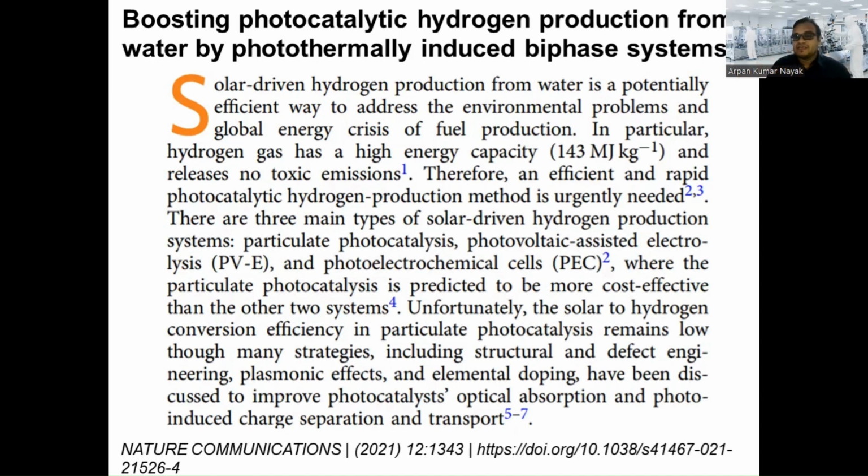Now they will find out how their system is better than them, and only then can they find the research gap. So then they will put the research gap. You can see, unfortunately, the solar to hydrogen conversion efficiency in particulate photocatalysis remains low, though many strategies, including structural defects, were tried for absorption and photo-induced charge separation and transportation.